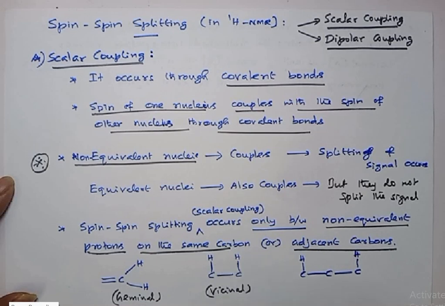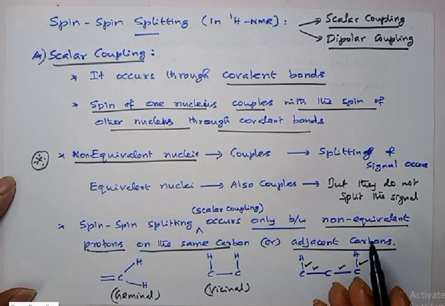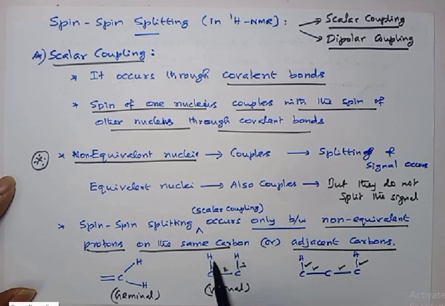Vicinal hydrogens also couple. If a hydrogen is attached to this carbon and another hydrogen is attached to a different carbon, how many bonds are there between them? Here we have 3 bonds, 1, 2, 3. Here we have only two bonds.